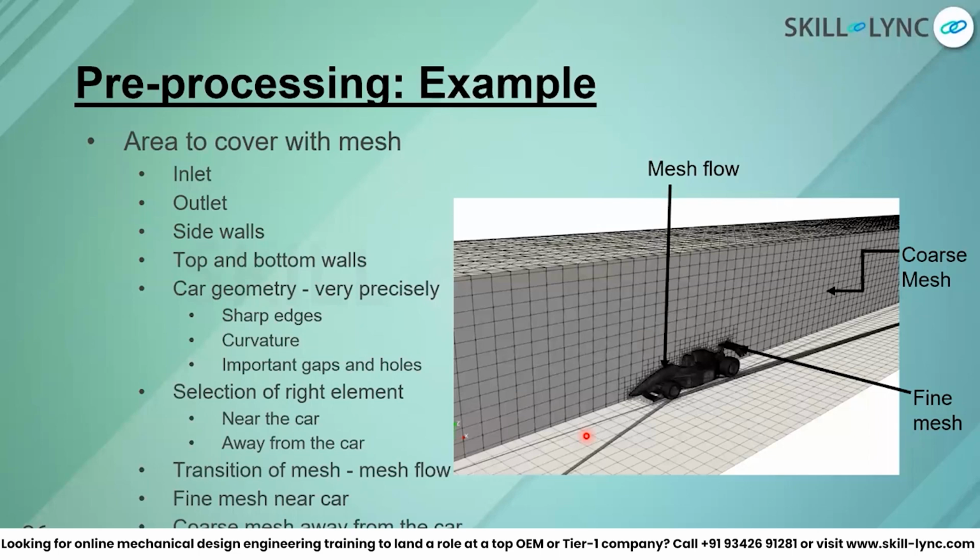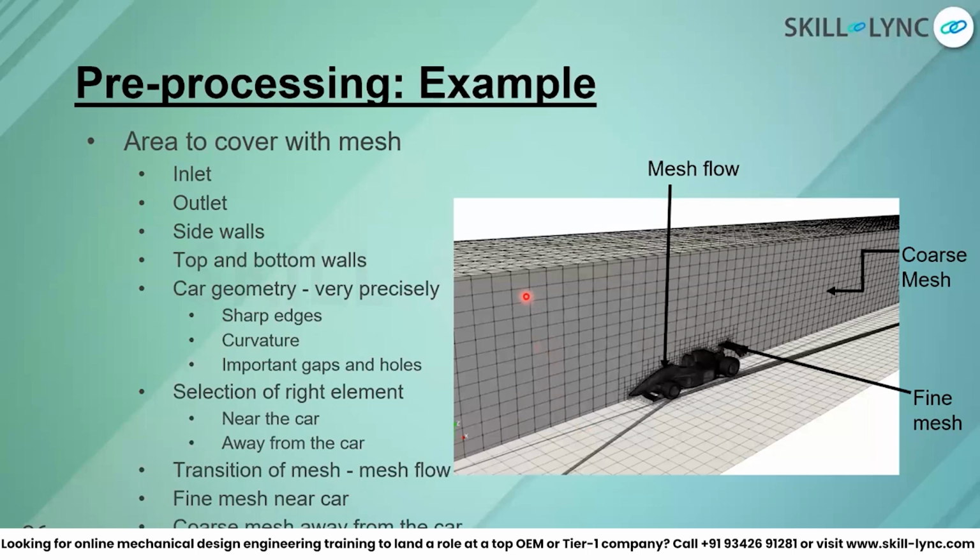Meshing is also one area where a lot of research has been done, and a lot is still going on, so that you can capture the geometry more precisely and get more accurate results. Because the mesh is the place where the flow is going to be resolved.